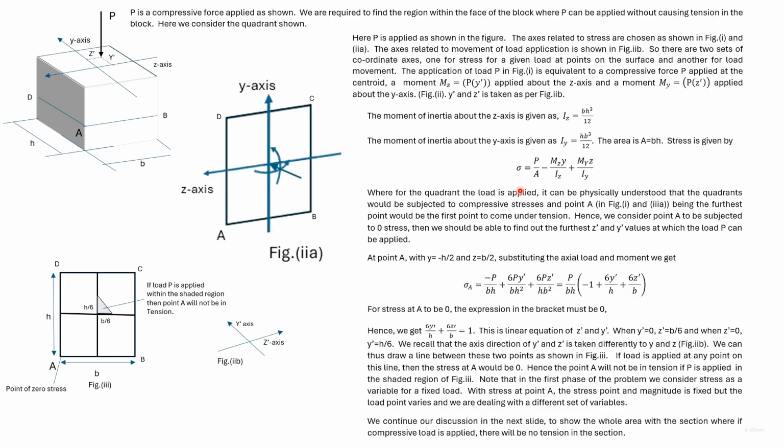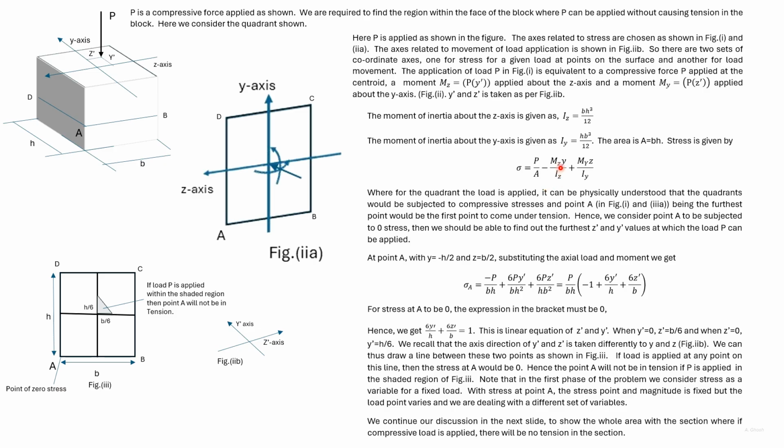Earlier, we were commonly using this formula to give the stress at a point subjected to eccentric loading. So the loading was fixed and the geometrical parameters were also fixed.